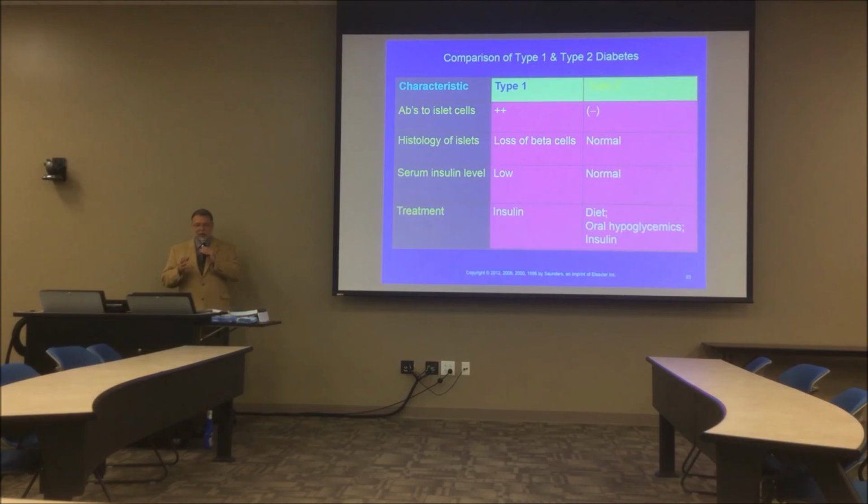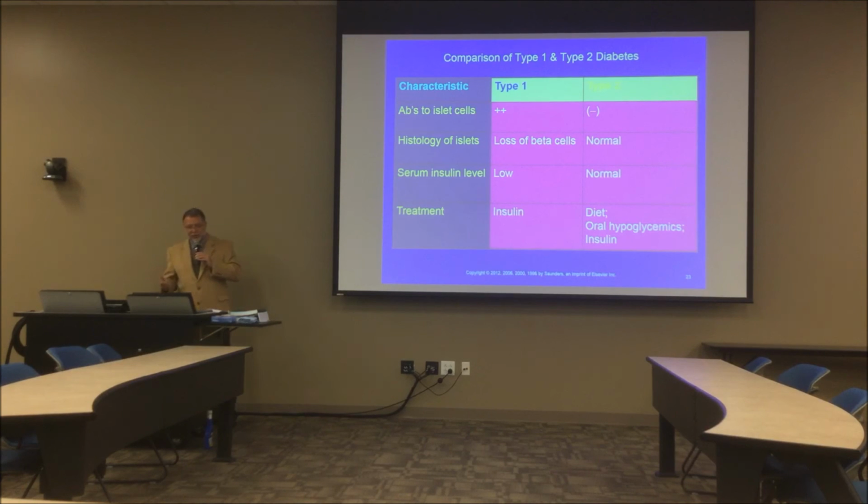Like I said, type 1 will have some sort of genetic situation where antibodies are formed to attack those beta cells in the pancreas, the islets of Langerhans, directly attacking those islets, and eventually insulin is not being formed, so you need insulin to live. That's why it's called insulin dependent.